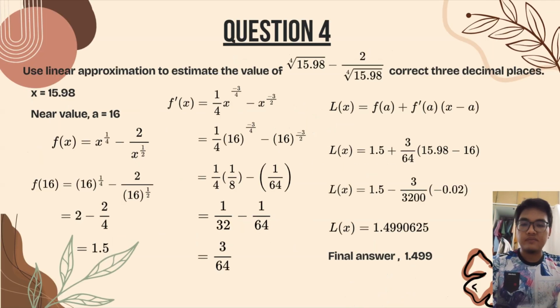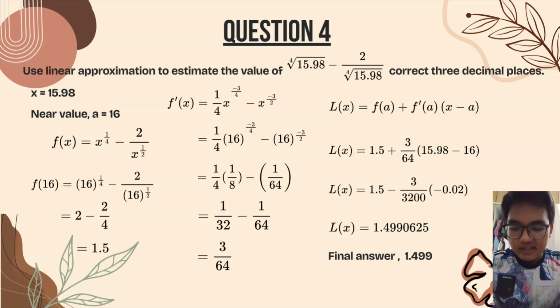Moving to question 4, I read the question. Use linear approximation to estimate the value of the fourth root of 15.98 minus 2 over the square root of 15.98, correct to 3 decimal places.